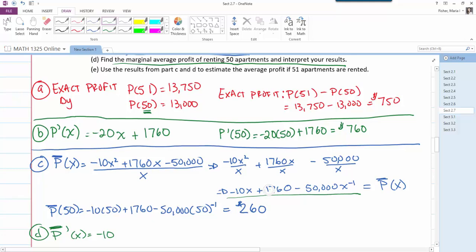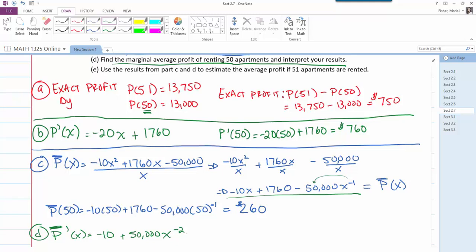The derivative of 1,760 is 0, since it's a constant. And then my negative 1 multiplies negative 50,000, so that's plus 50,000x to the negative second. So the marginal average profit function is equal to negative 10 plus 50,000x to the negative second.